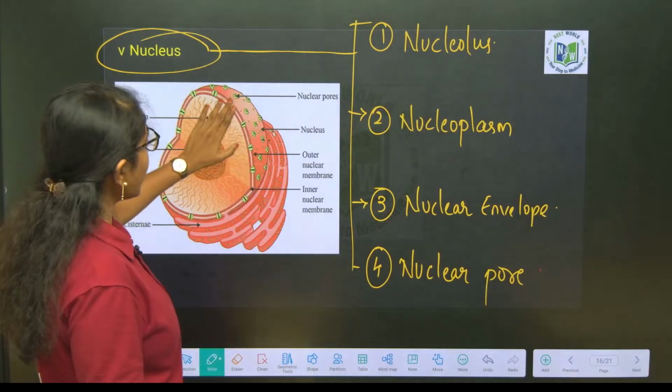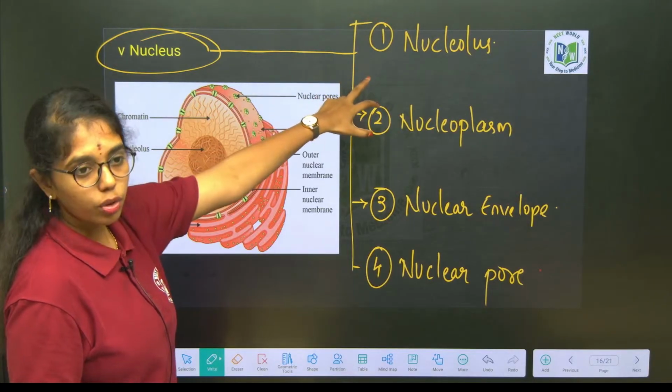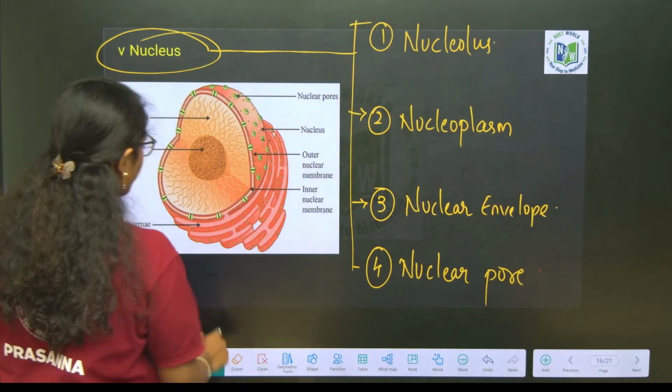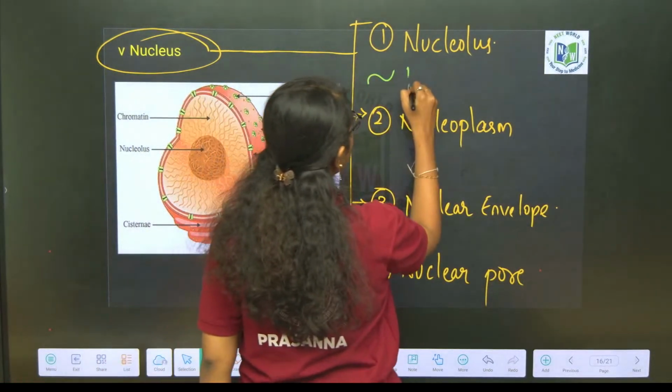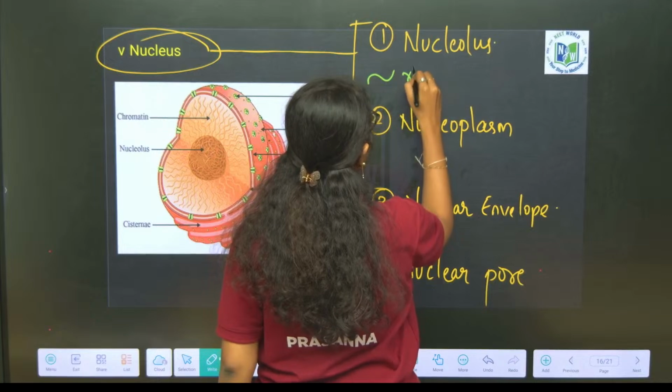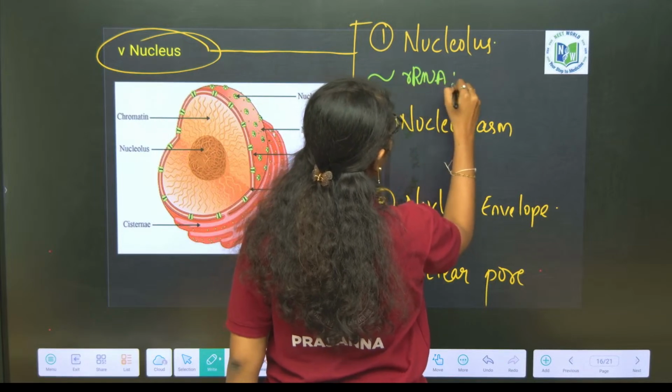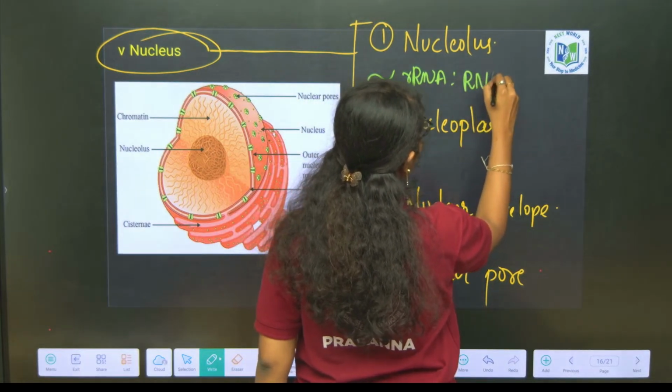Fine. Inside the nucleoplasm, you have a nucleolus. Nucleolus is purely involved in the synthesis of rRNA. Nucleolus is purely involved in the synthesis of what? rRNA with what polymerase? RNA polymerase 1.